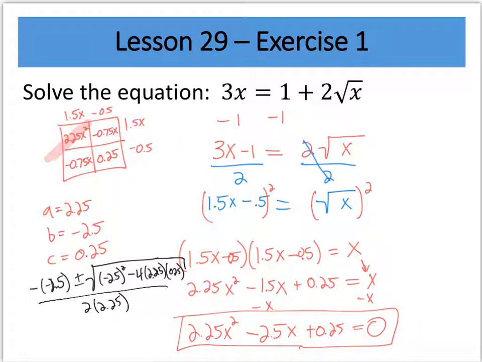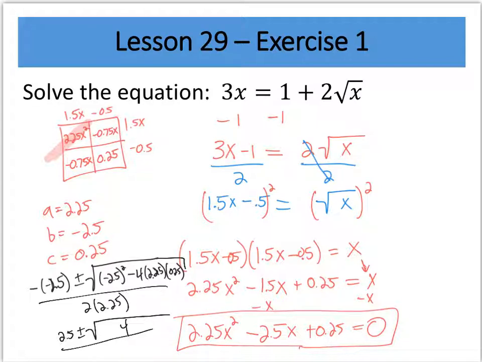I know it's a lot of work, but I got 2.5 plus or minus, and I'm going to do the parentheses, 2.5 squared minus 4 times 2.25 times 0.25 in the calculator. I get 4 underneath here. So that's kind of nice that I get some things. As I was saying, it's kind of nice to get such a simple answer.